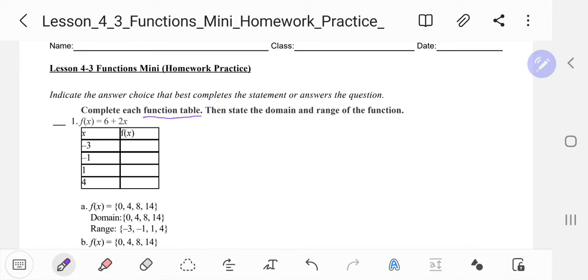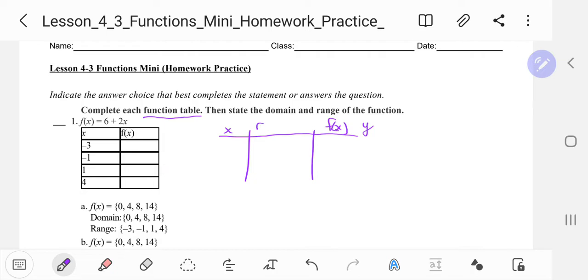It simply is plugging in values of x, the inputs, and getting out values for y. In our notes, we had another column in there. We had the x, we had the f of x, or you could also put a y there instead.